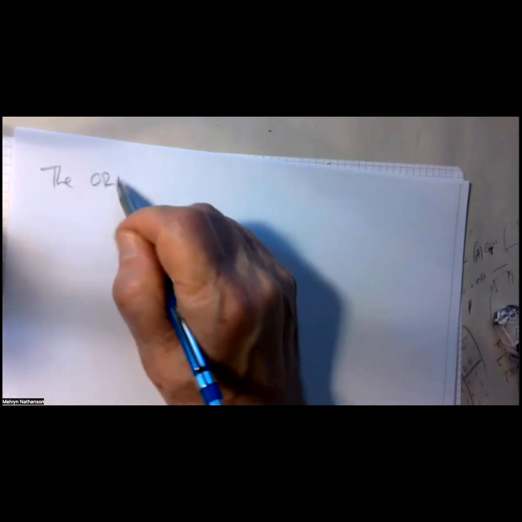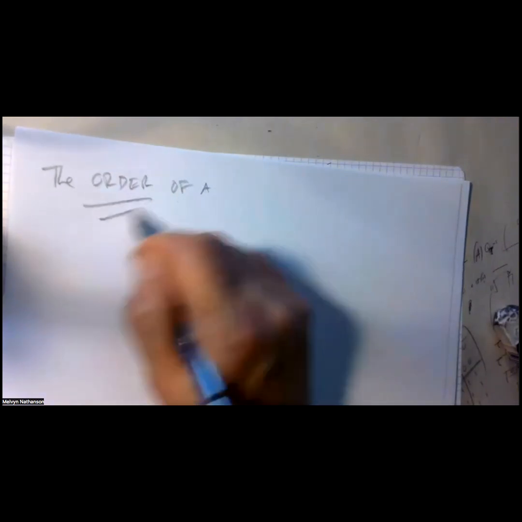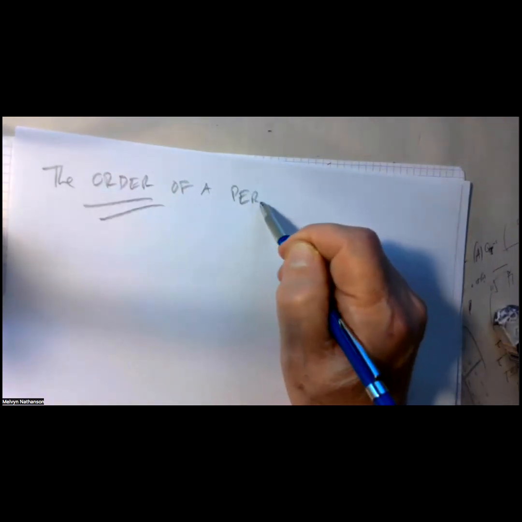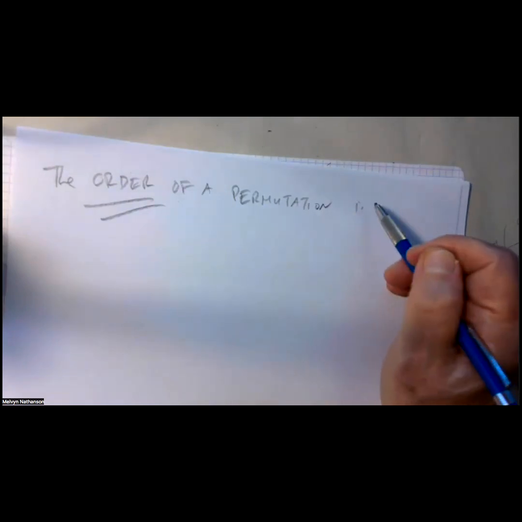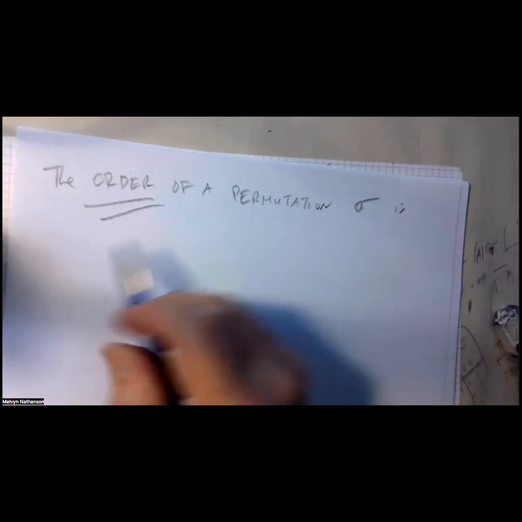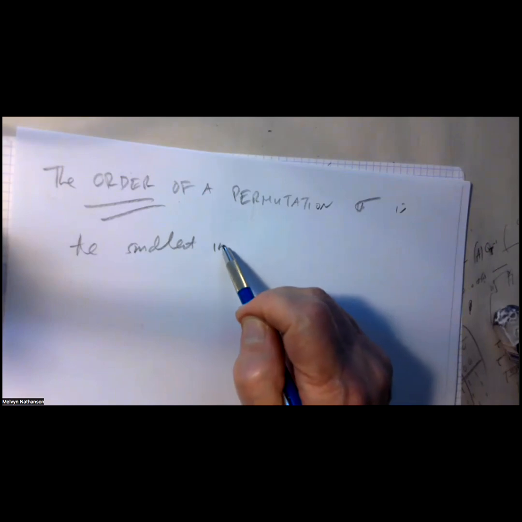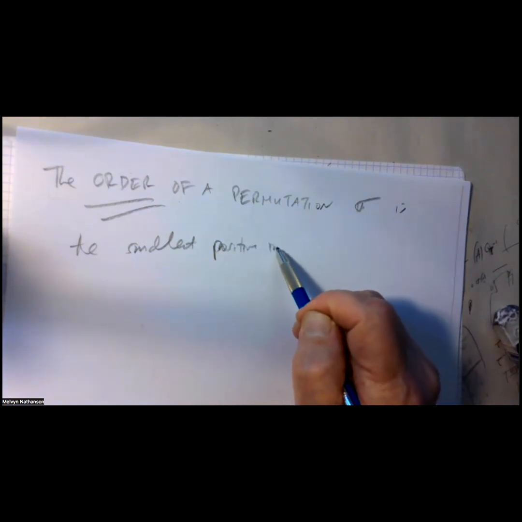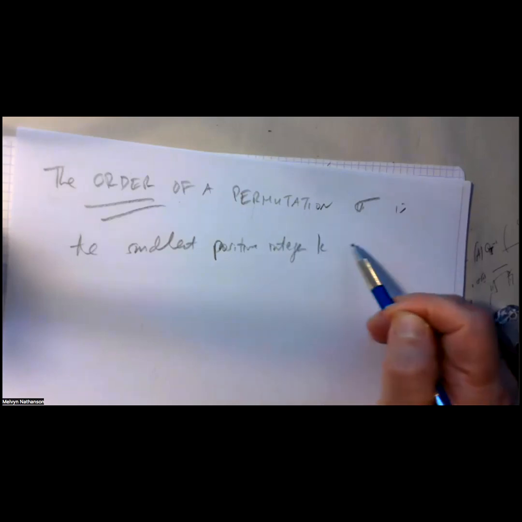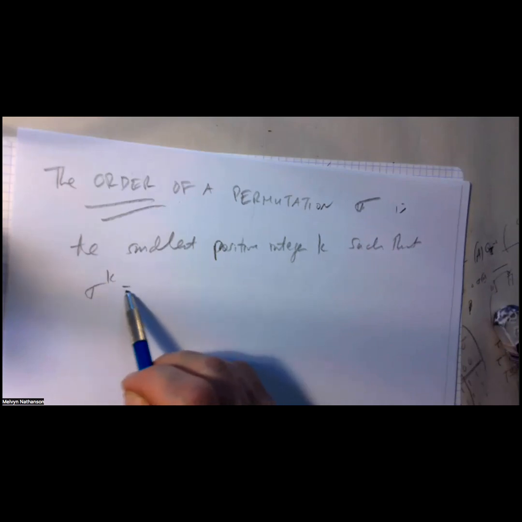The order of a permutation sigma is the smallest positive integer k such that sigma to the k is the identity.